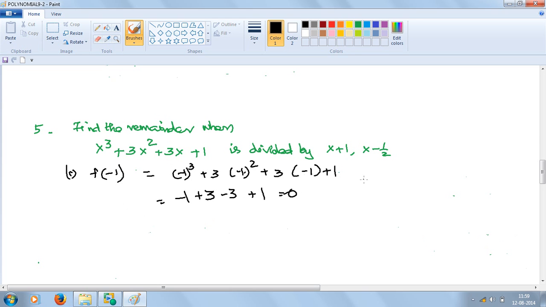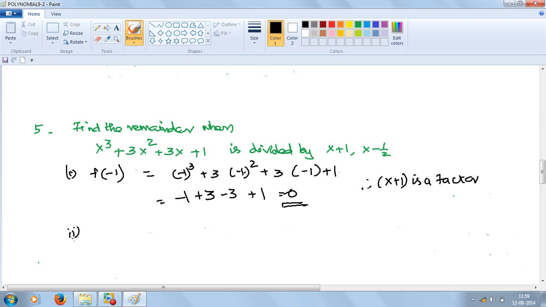Therefore, x plus 1 is a factor. This is our inference. Find the remainder. Remainder is 0. The problem ends here. Remainder is 0.